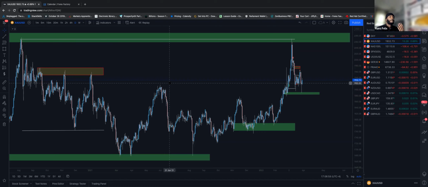So it doesn't make sense to be asking, oh, what pair moves the best with this indicator? It's the same thing everywhere.